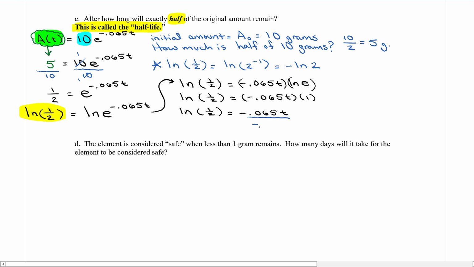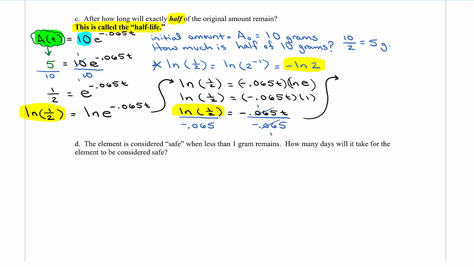If I want to solve for t in this equation, I'm going to divide both sides here by negative 0.065. On the right-hand side, the negative 0.065s will divide out and just give me 1t. I'm going to highlight the natural log of 1/2 and the negative natural log of 2.